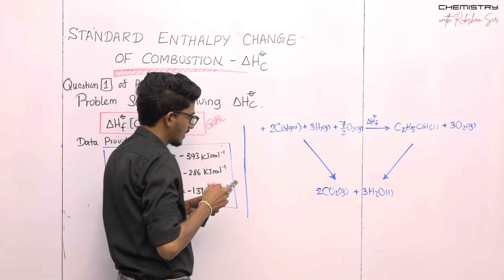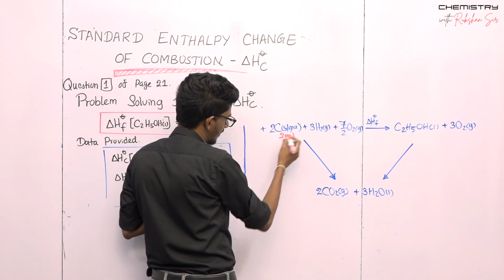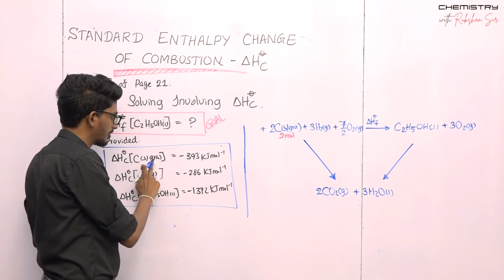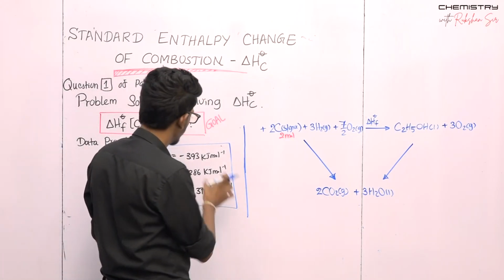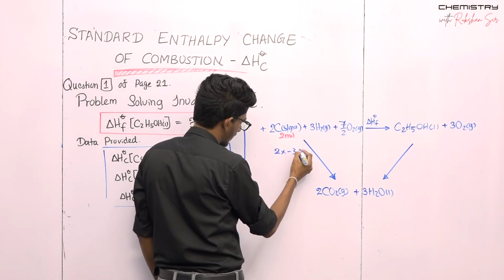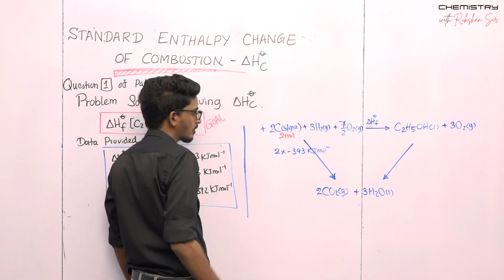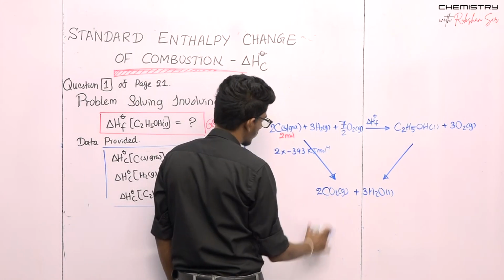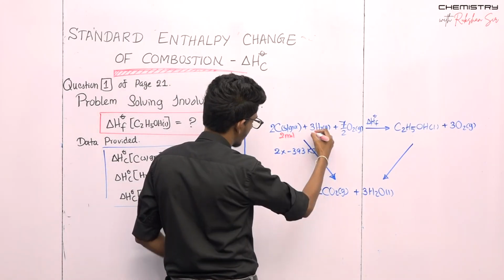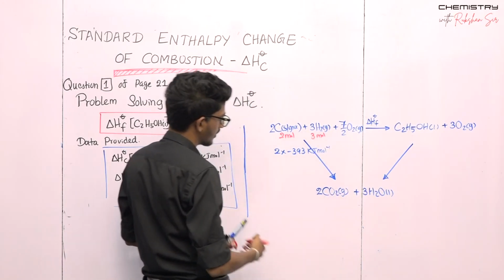So here you have 2 moles of carbon solid graphite. To combust 1 mole of carbon solid graphite, you need the enthalpy change of combustion of carbon solid graphite, that is minus 393. Now you have to combust 2 moles, right? So 2 into minus 393 kilojoules per mole. That will convert all the carbons to CO2 gas. And you have 3 moles of H2 gas here also to combust, to provide the 3 moles of H2O liquid, right?